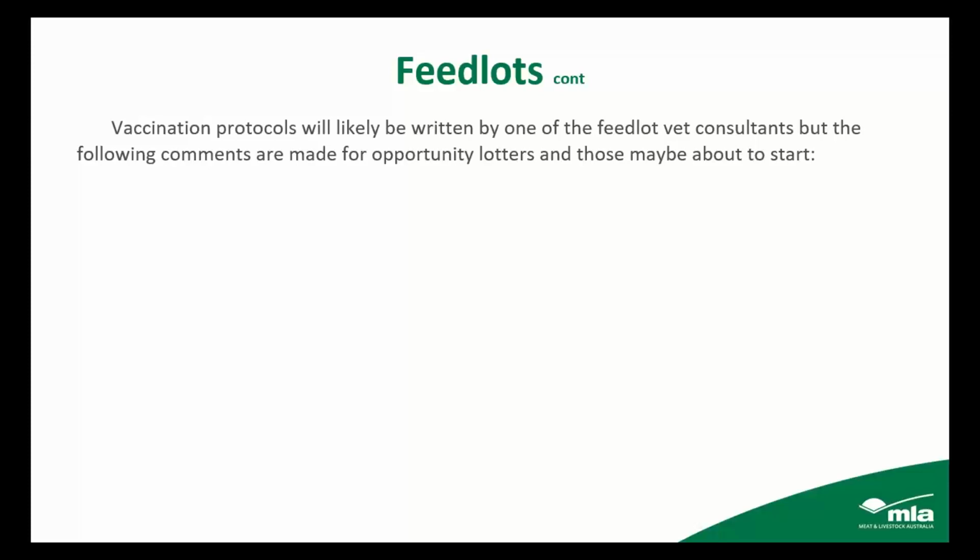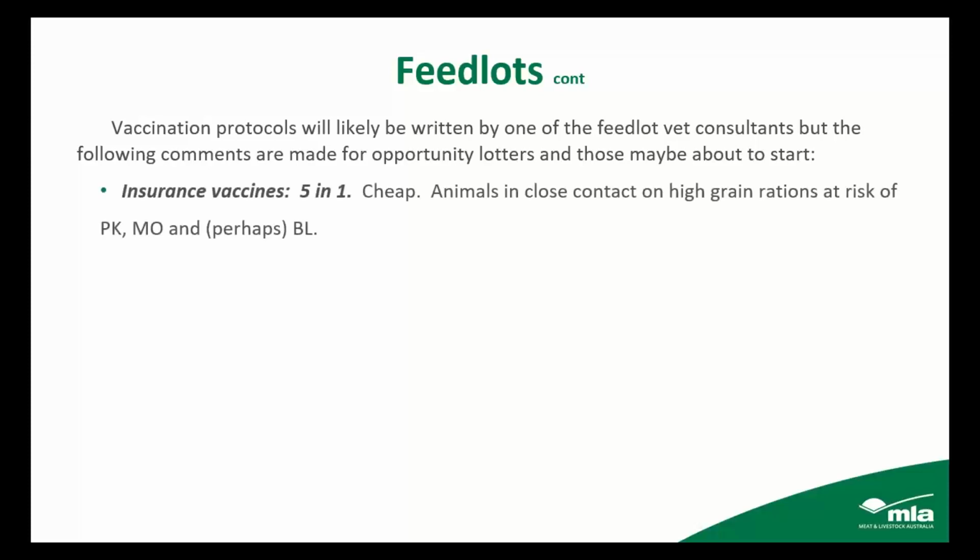So, in all likelihood, if you're any sort of scale of feedlot, you're going to have a veterinary consultant anyway. So my comments are directed to people who are thinking about opportunity feedlotting or those who are about to start. The insurance vaccines are almost a no-brainer.